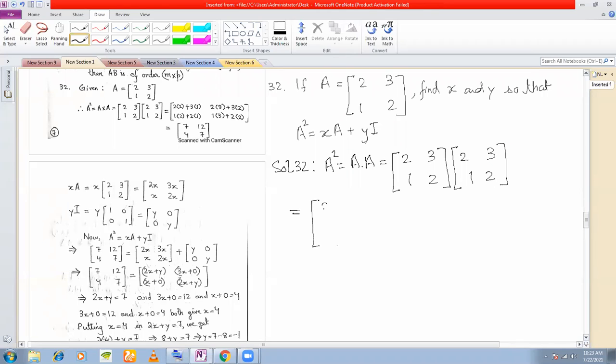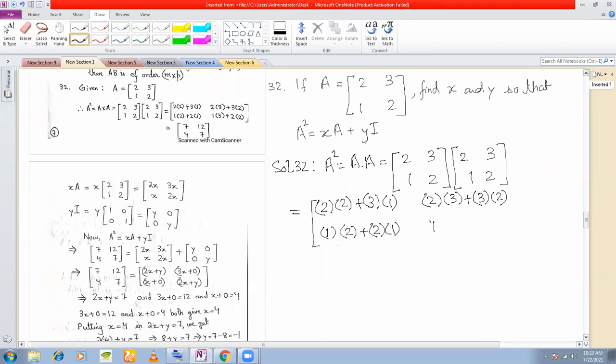First row, first column. 2 into 2 plus 3 into 1. Next, first row, second column. 2 into 3 plus 3 into 2. Second row, first column. 1 into 2 plus 2 into 1.